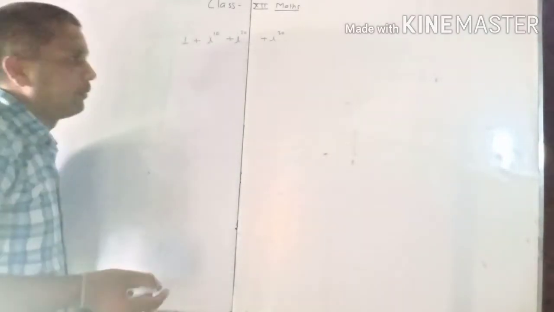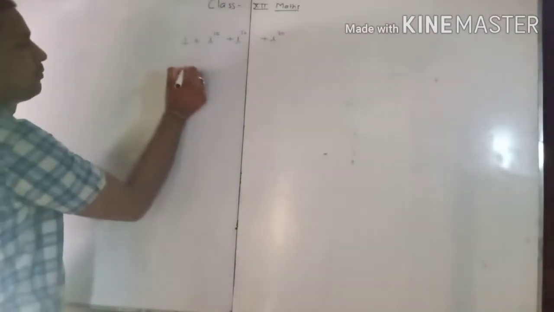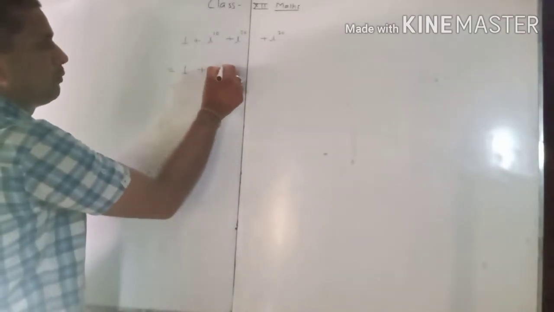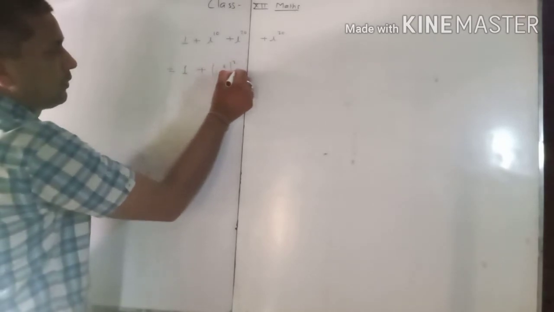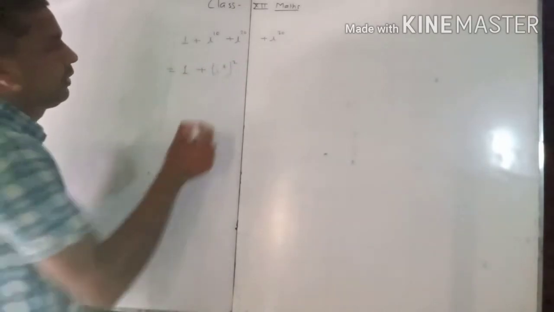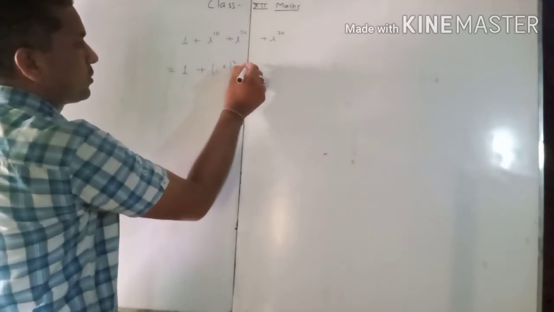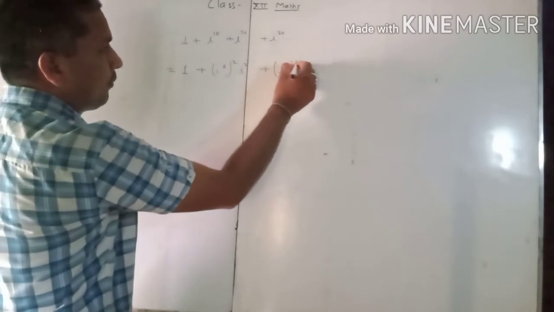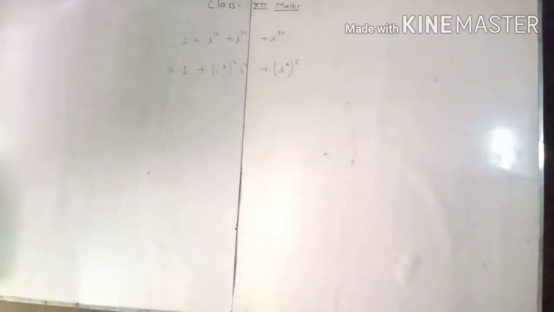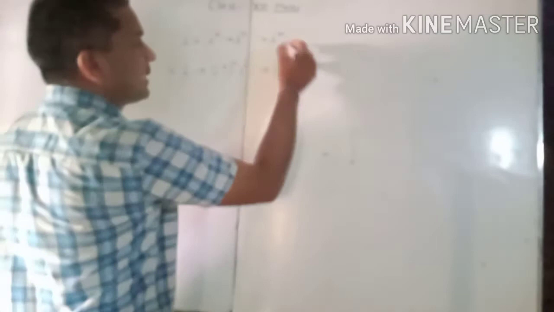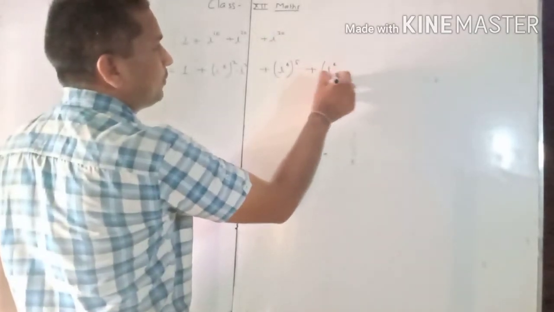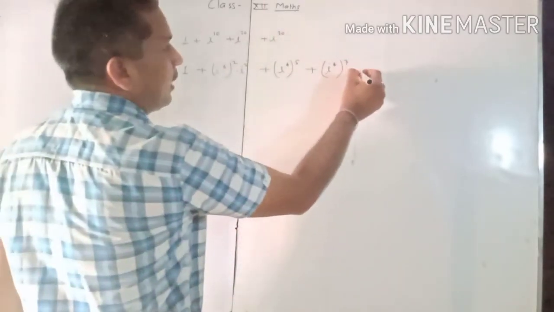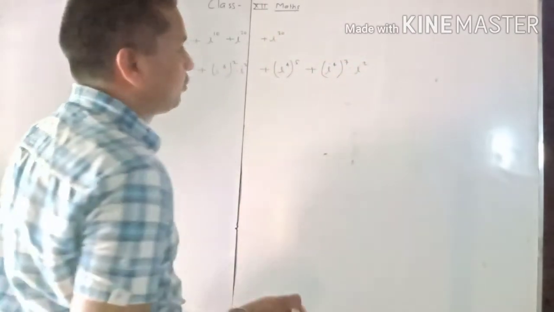1 plus I to the power 10 plus I to the power 20 plus I to the power 30 is a real number. So 1 plus I to the power 10, I to the power 10 can be written as I to the power 4 whole square, 4 to the 8 power into I square, I to the power 20 means I to the power 4 to the power 5, 5 to the 20, plus I to the power 4 to the power 7, 7 4 the 28, and I square, 28 and 2.